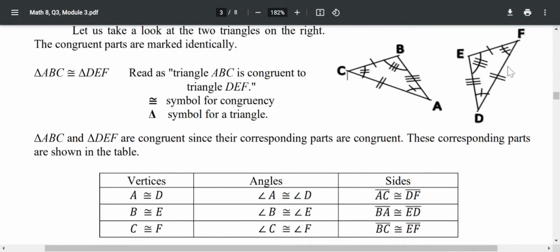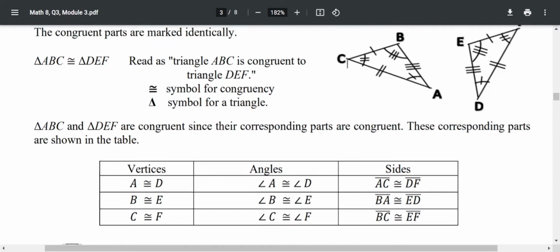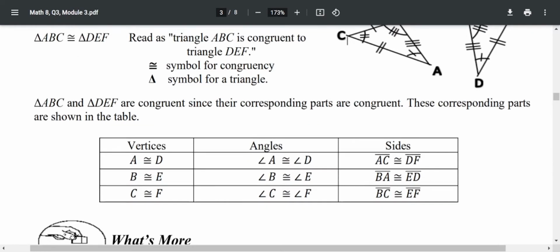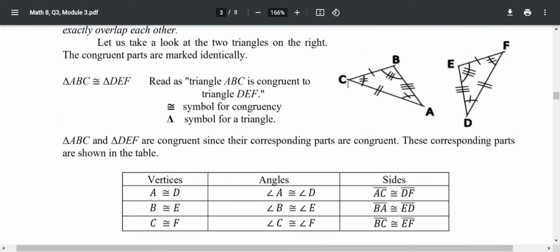So in what we examined above, their sides are congruent and their angles are congruent. So their corresponding parts are congruent. The table shows their corresponding parts. For the vertices, vertex A is congruent to vertex D. Why are A and D congruent? Because their angles are also congruent.